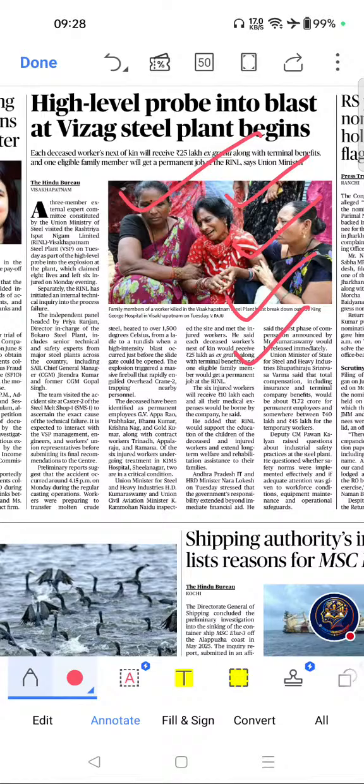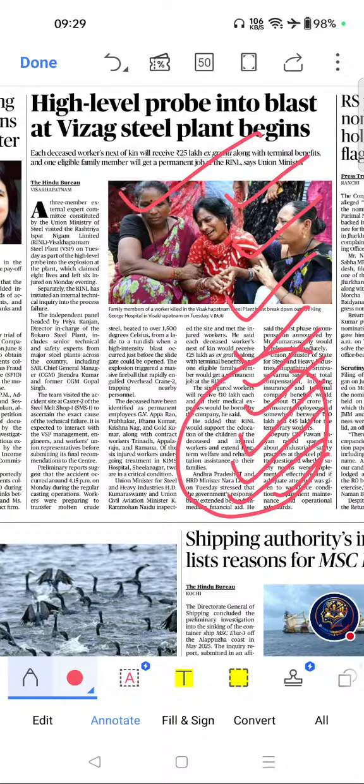Disaster management in industrial facilities is a recurring topic, and it is a useful case study for ethics and governance answers. Questions have appeared on public sector undertakings, that is PSUs, occupational safety, industrial disasters, labor welfare, and industrial policy. These are the topics on which questions have appeared.